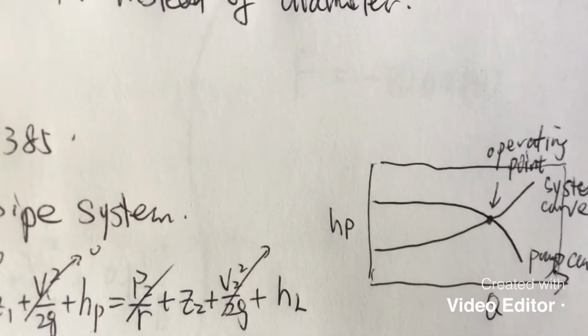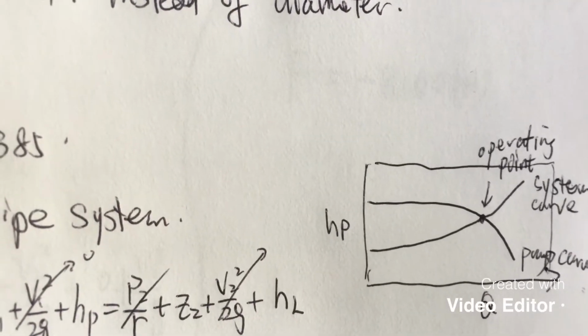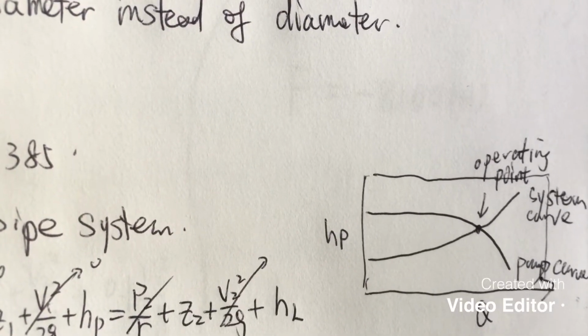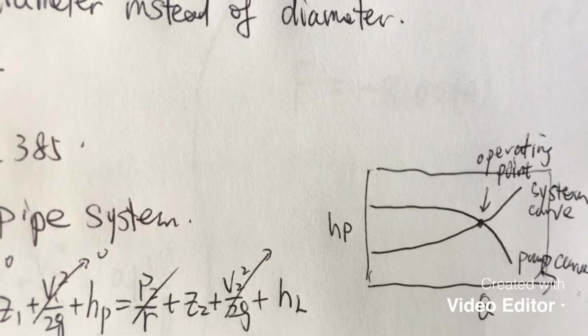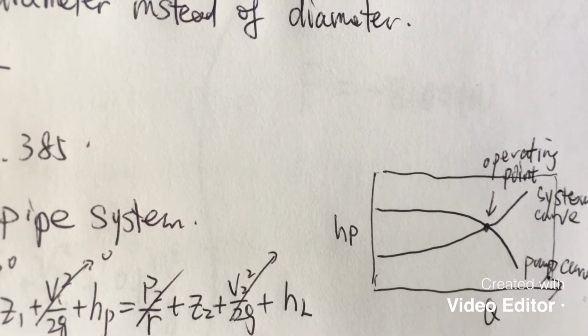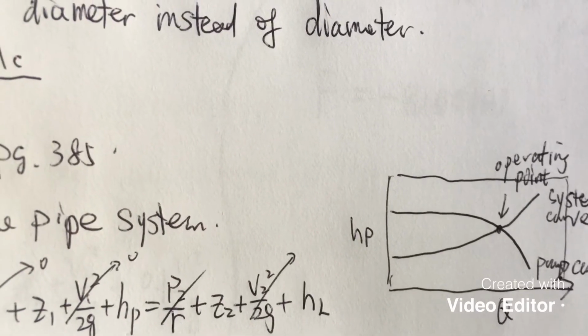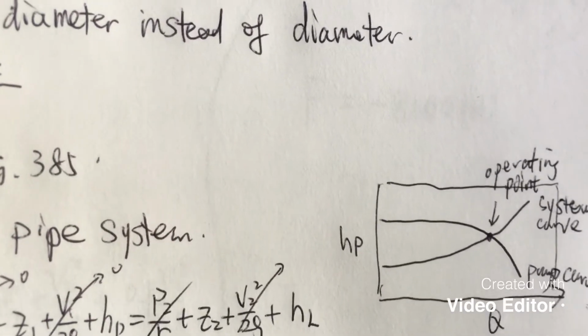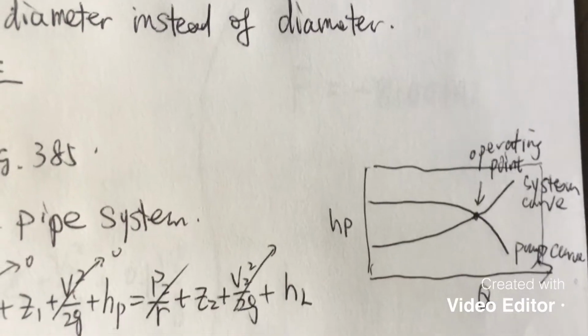Okay, that's very useful in the pump selection process. So if you identify your system curve, and if you find the manufacturer's pump curve, and put them together, you will know, okay, if I place this pump in my system, how much flow rate it will produce and how much pump head it can produce. Okay, so that's the meaning of the operating point.